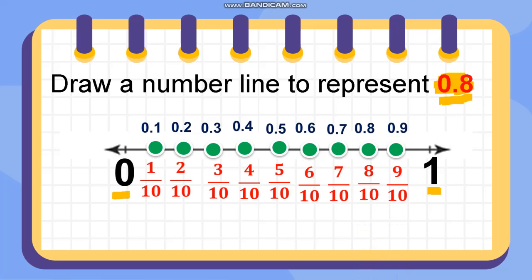You are looking for 0.8, so this is your plotted point. So 8 tenths in fraction is 0.8 in decimal, or we can read it also as 8 tenths.